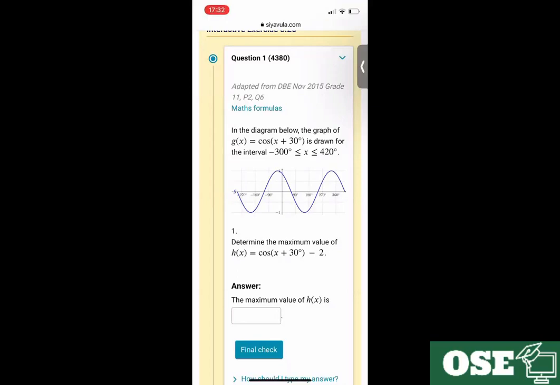G of x is equal to cos x plus 30, and then h of x is equal to cos x plus 30 minus 2. The difference is that g of x doesn't have a minus 2, and h of x has a minus 2 at the end. So what does the minus 2 mean?